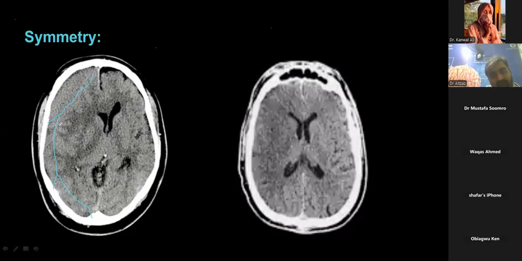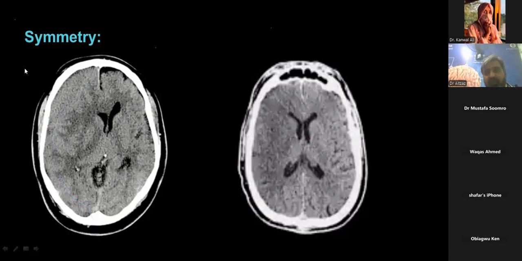That's why we say this subdural hematoma extends throughout the frontal, parietal, and occipital regions, and it is isodense. If it is isodense, then what kind of subdural hematoma? Subacute. Excellent.